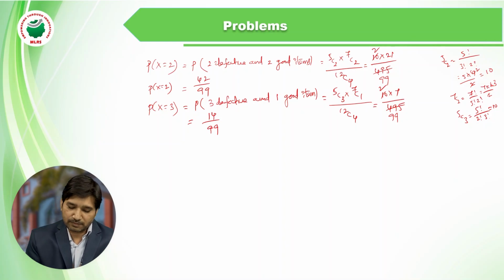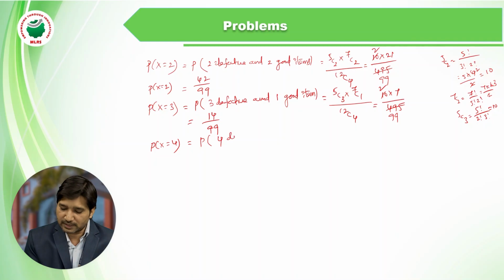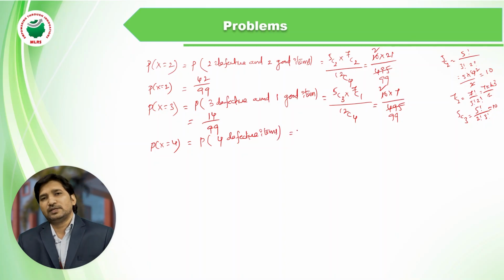And the last one is P of X equal to 4. That is 4 defective items. You can select only 4, that 4 also defective items, so you can select only defective items. That is 5C4 by 12C4.